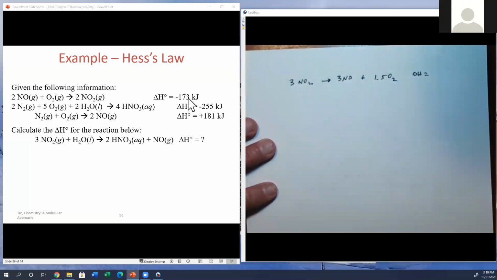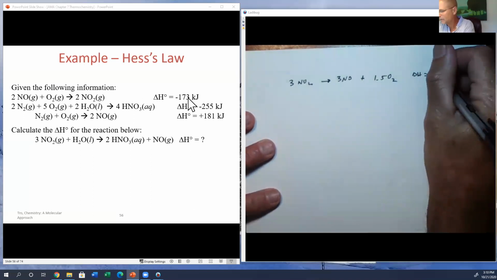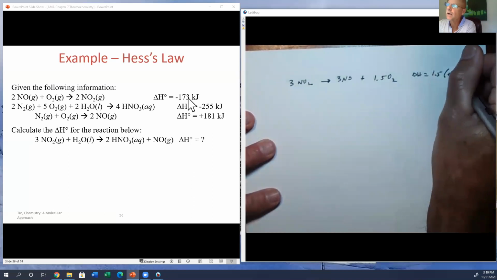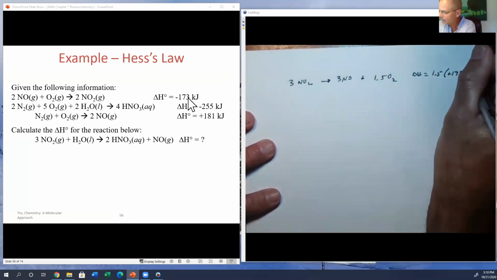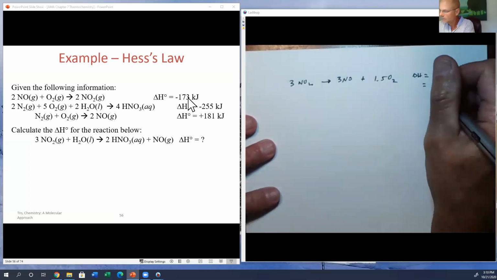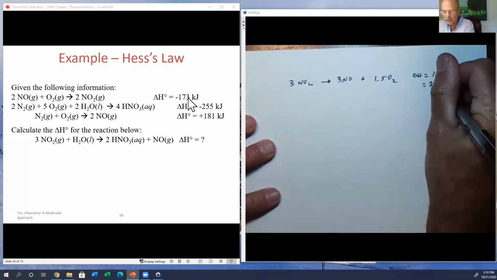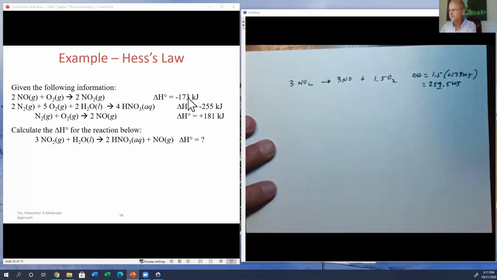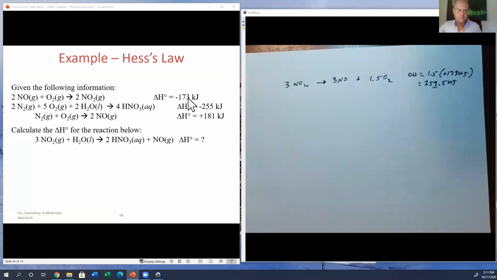Switch the sign and multiply by 1.5, exactly right. So that's 1.5 times positive 173 kilojoules. That comes out to be 259.5 kilojoules.